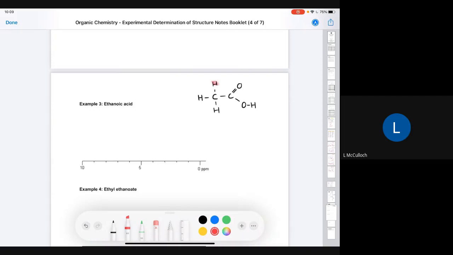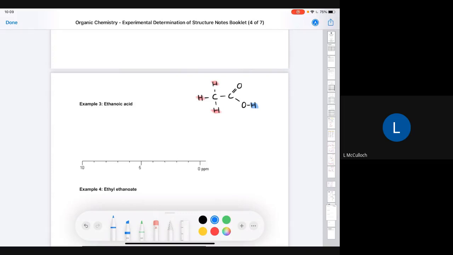Right, so we've got 3 hydrogens in the red environment and 1 hydrogen in the blue environment. So just 2 hydrogen environments for ethanoic acid. Looking at our chemical shifts, the blue hydrogen, the one that's directly attached to the carboxyl group, the C double bond O, that was very, very highly shifted.